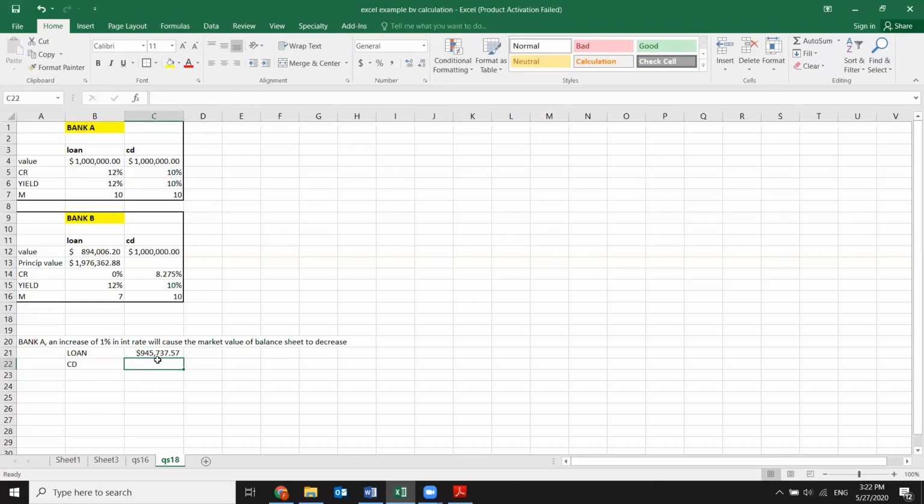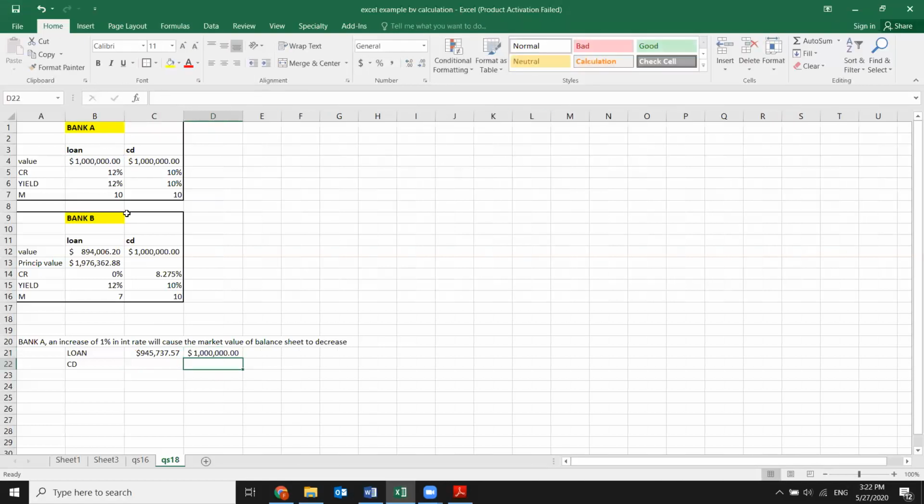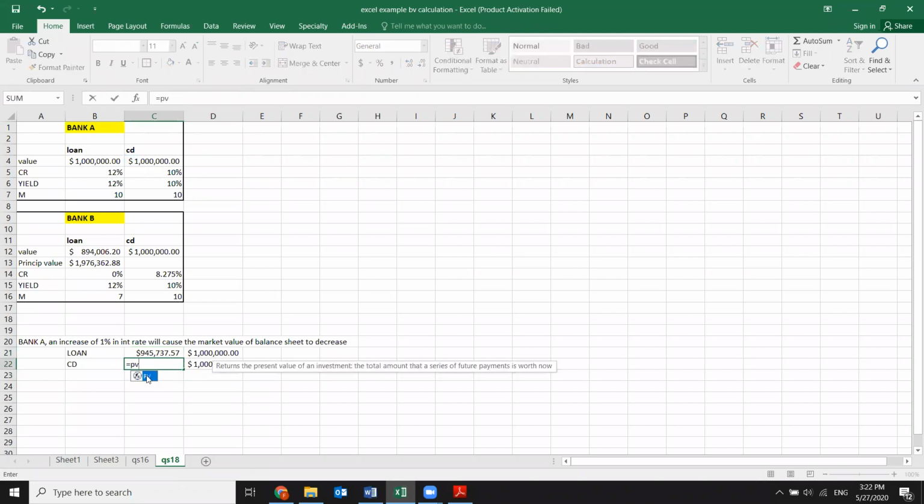Before the changes, the value of the loan was 1 million. It was 1 million. Now it becomes this much. The CD, before the change in interest, it was this. Now we'll see how much it will be. So present value 0.13.